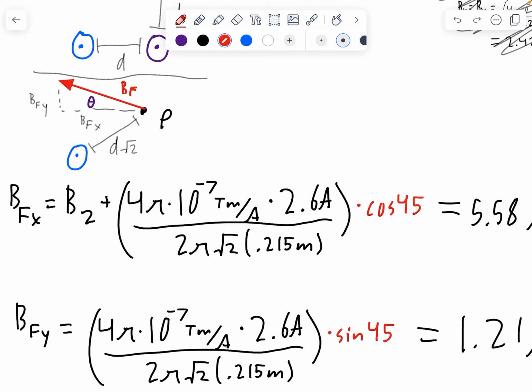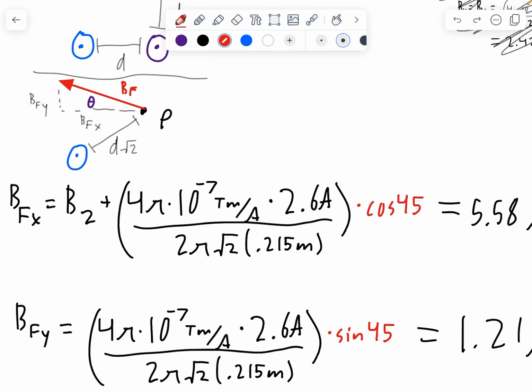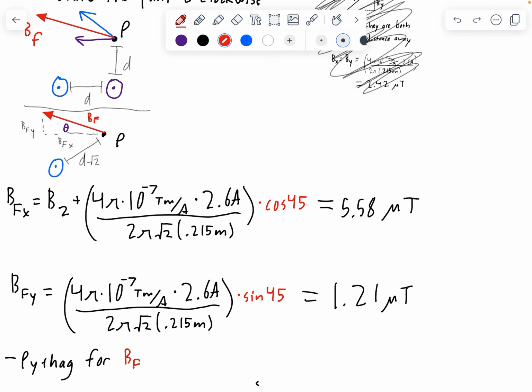This is just B1, but we're extracting the X component when we use cosine 45. So if we add B2, which is all X, and B1's X component, we get the final field's X component, which is 5.58 nanotesla.